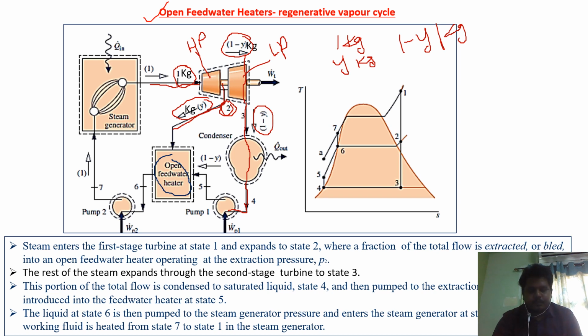The function of the pump is that it increases the pressure from low pressure to high pressure. After getting compressed in pump 1, the compressed fluid will enter into the open feed water heater. The compressed fluid mass is the same, 1 minus Y kg.